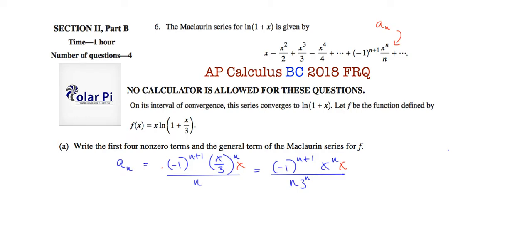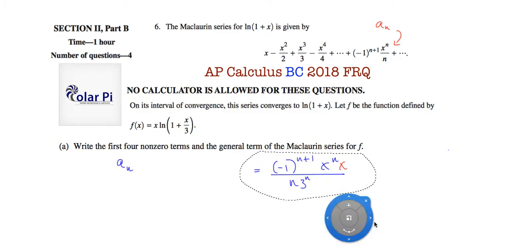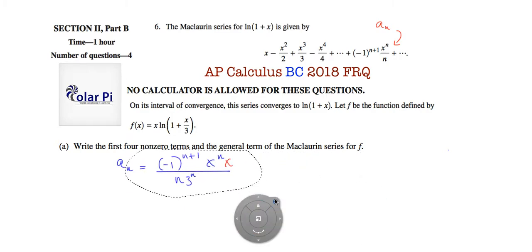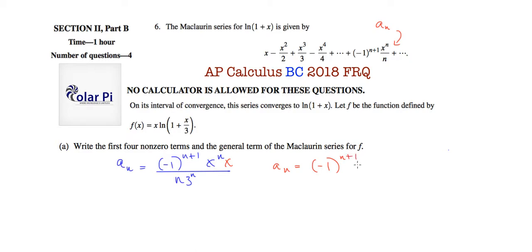Okay, cool. So let's get rid of this middle piece and scoot this to the left and simplify it a little. So for f, the nth term in the Maclaurin series expansion will be what I'm about to write in red: a_n equals negative 1 to the n plus 1, and then these will combine to x to the n plus 1, divided by n times 3 to the n.